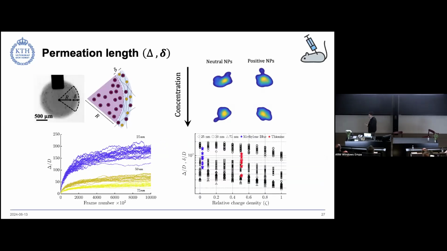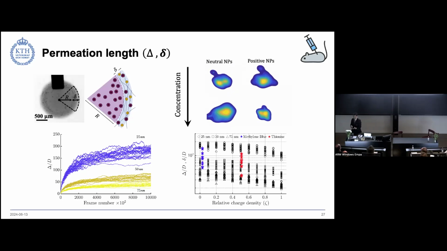So here, we compare exactly these experiments with the simulations, and all of a sudden, we released the nanoparticles inside the network. As you can see here, we have neutral nanoparticles and positive nanoparticles in a negatively charged network.